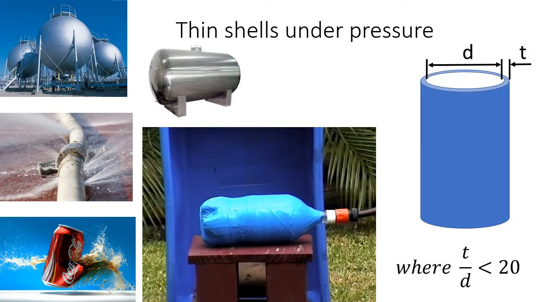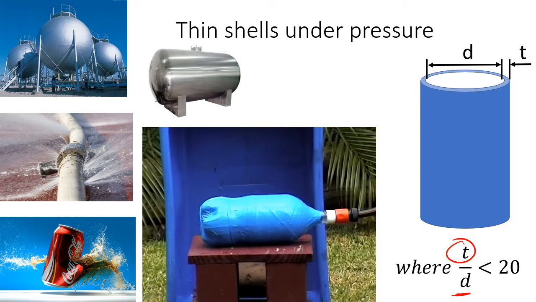For a container to be termed a thin-walled pressure vessel, it needs to have obviously a thin wall relative to its diameter. So a general rule is if the thickness of the material T here divided by the overall inside diameter of the vessel is less than 20, then we can consider it as a thin-walled pressure vessel.